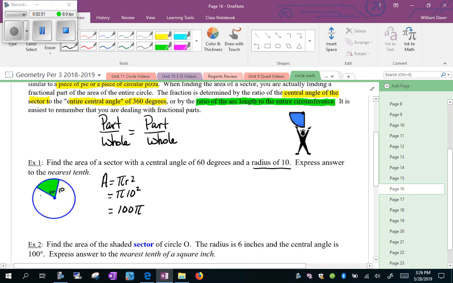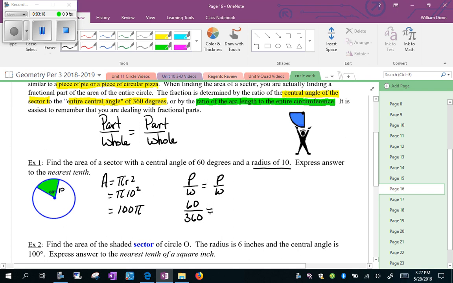All right, now we know that the angle measurement is 60 degrees, so we're going to set up our part to whole equals part to whole. We have 60 degrees, that's going to be our part. Our whole, we always know, is 360 degrees of the circle. That's our central angle there.